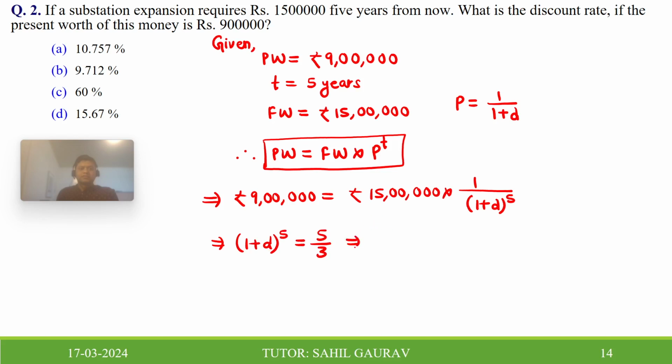So 1 plus d will give you 1.10757 and d equal to 0.10757, or 10.757%.